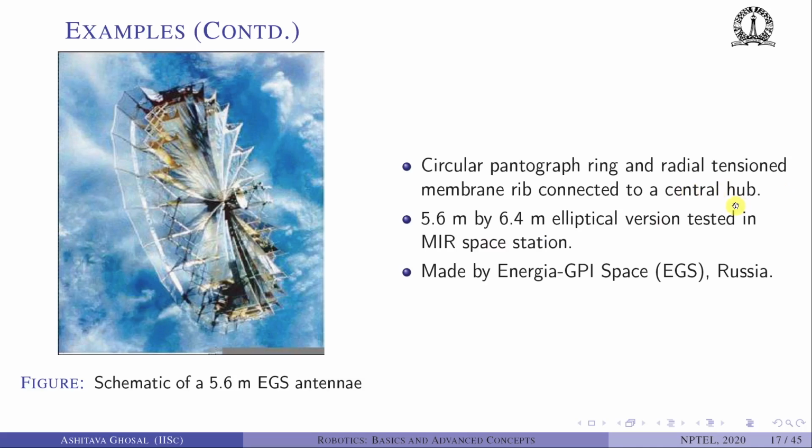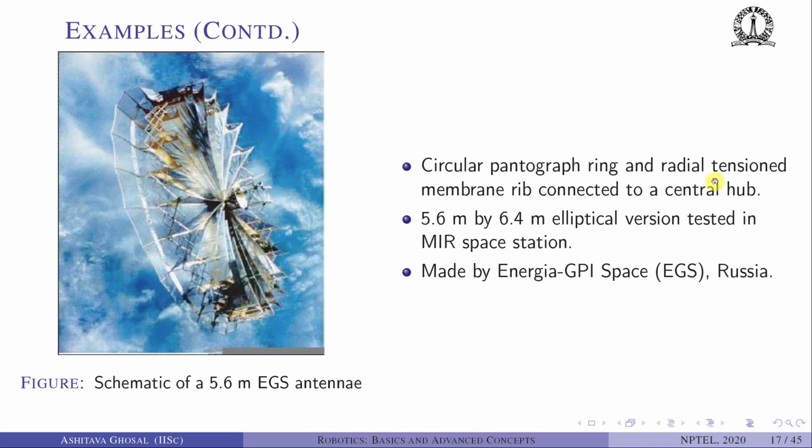We also need to make sure that this parabola, or the surface which is generated after deployment, is the right surface to act as an antenna. Otherwise it will not work. It should be very, very smooth. The error between what you want and the deployed surface should be very small for the electromagnetic radiation and for the antenna to work.